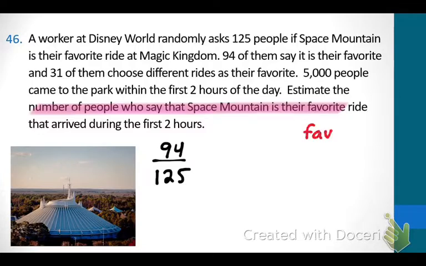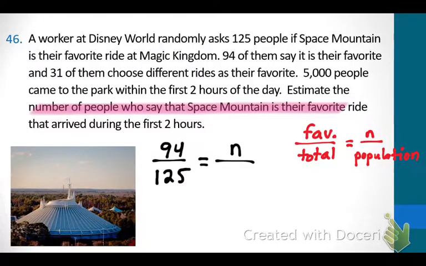You would take favorable over total equals what? N over the population. N is just what you're looking for. So it equals N, once again, that's what we're trying to guess, over the population. How many total people came to the park in the first 2 hours of the day? 5,000.